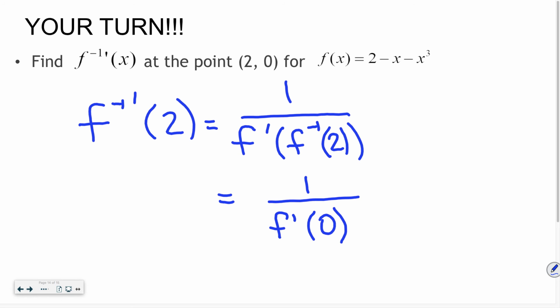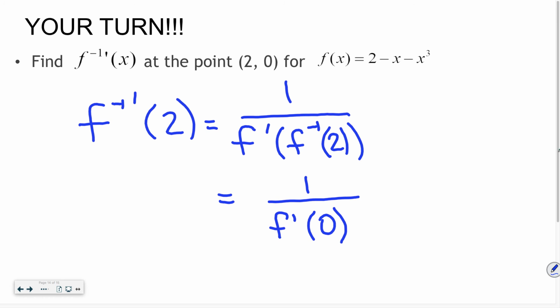If we only had 2, how would we find 0? We would have to figure out which x value made our function 2, so then we could switch it for our inverse. But we didn't have to do that. Hooray.